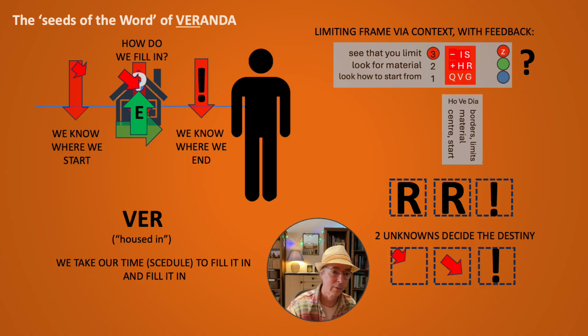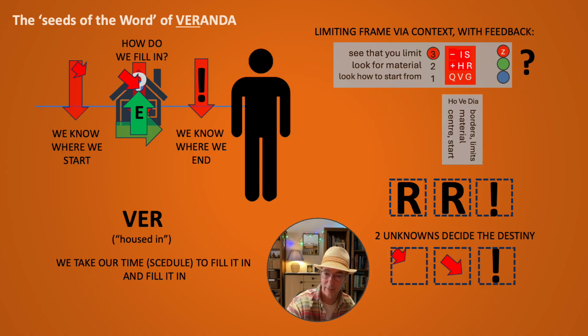So we will know where we start. It's like these arrows, so you go to the point where you gradually fill it in. So we take our time schedule to fill it in, and we actually going to fill it in with these R. So ver is that activity of taking the time to fill things in.